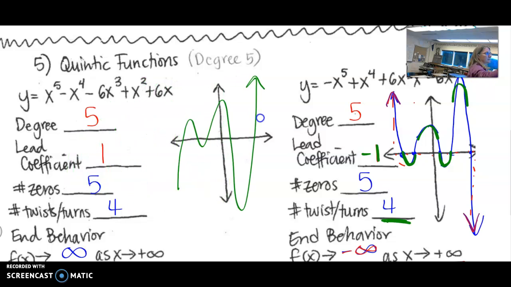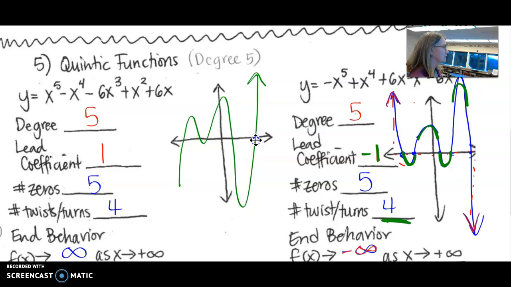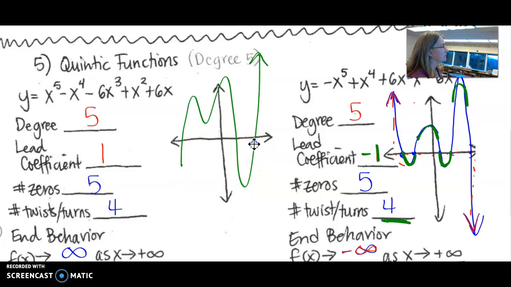Let's look at this situation. For this 5th degree polynomial, right now we have 1, 2, 3, 4, 5 real zeros, or 5 x-intercepts. If I shift up a little bit, you could have 1, 2, 3, 4. And if I go up higher, I have 1, 2, 3 zeros.